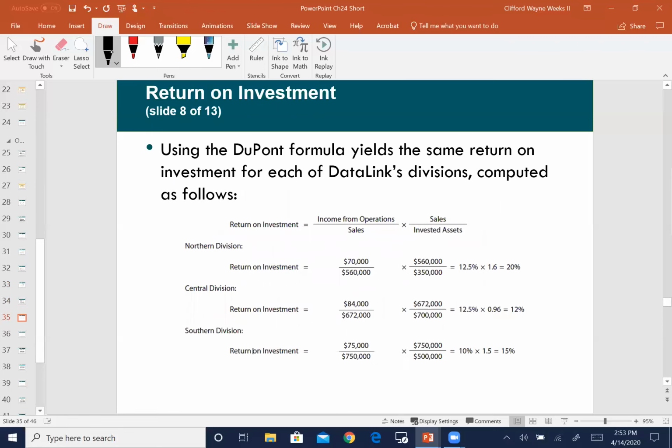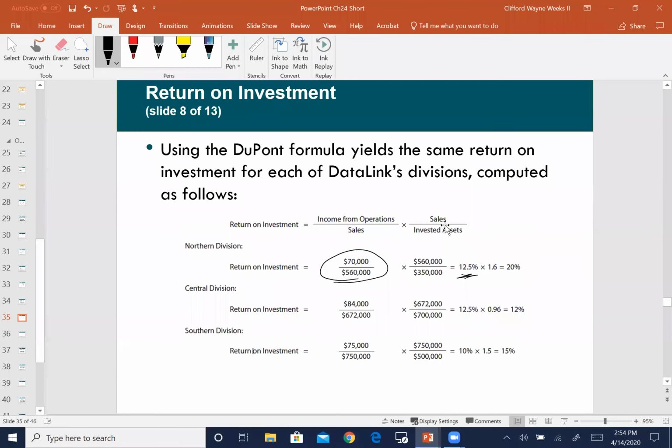And so in looking at these, we look at the different areas, and we can see that for the northern division, their profitability, basically what this says is that for every dollar in sales we have, we're able to generate 12.5 cents in profit.